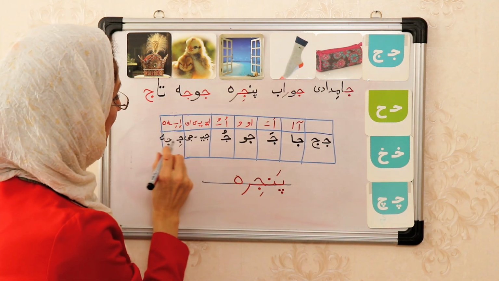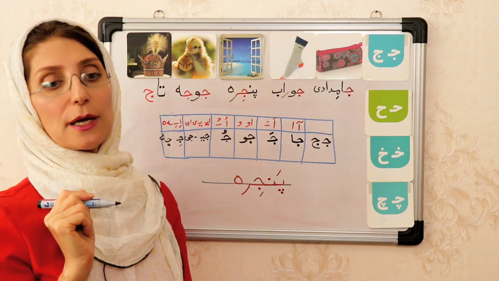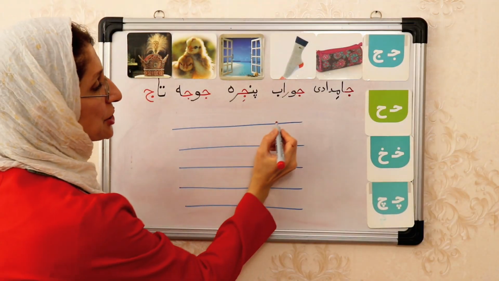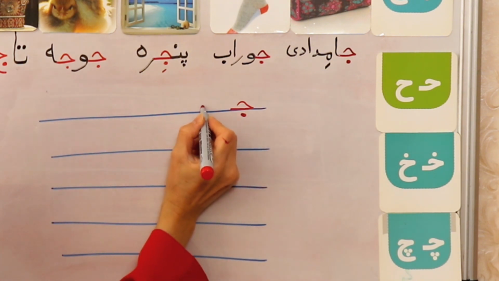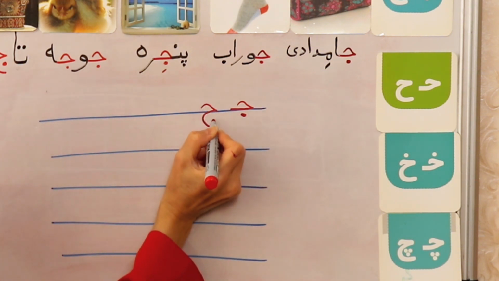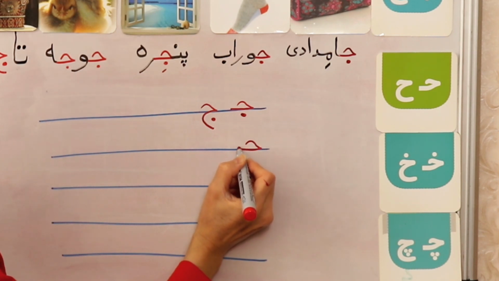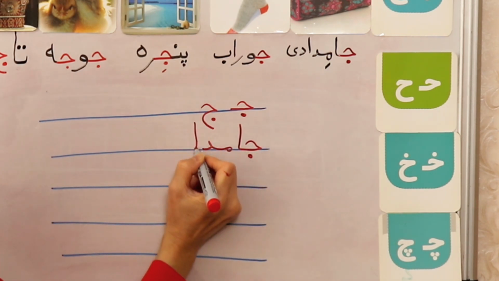خب J and J. Now go and bring your Persian notebook. I want to give you your homework. Now your homework for J غیر آخر, ج آخر. Write one line جامدادی.